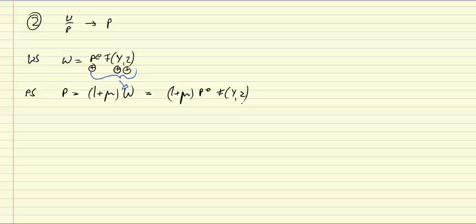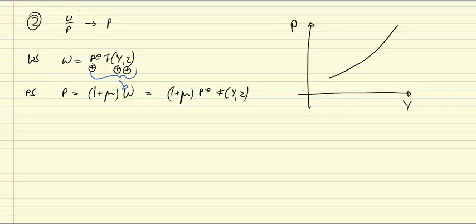The aggregate supply relationship is upward sloping in Y. So let me draw it right here. P on the vertical axis, that's the second step. Y on the horizontal axis, that was the first step, and we get a positive relationship for the AS curve.